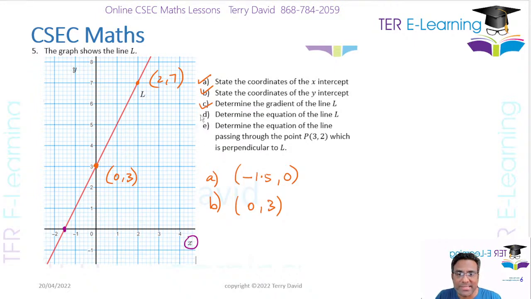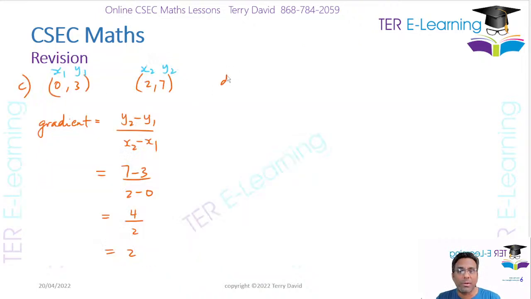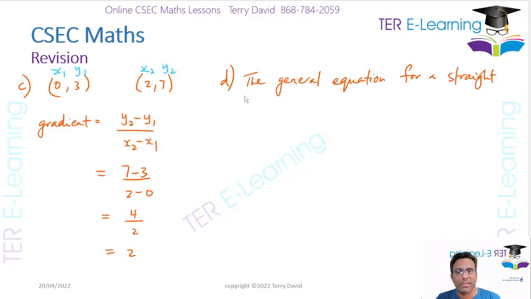The next part of the question says determine the equation of the line L. Now, there is an advantage when CSEC gives us a graph like this because you already know what the y-intercept is, right? Now, the general equation for a straight line is given by y is equal to mx plus c, right?